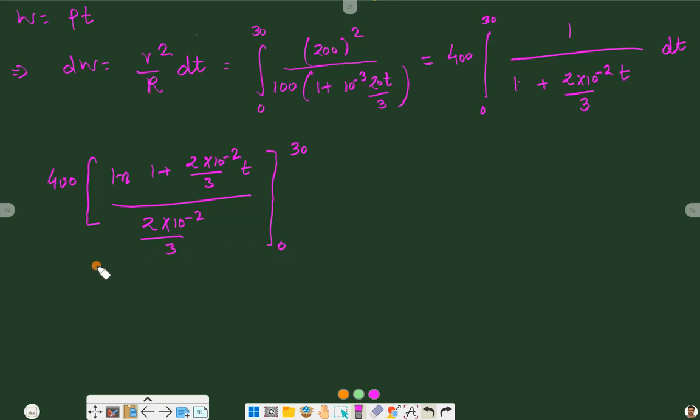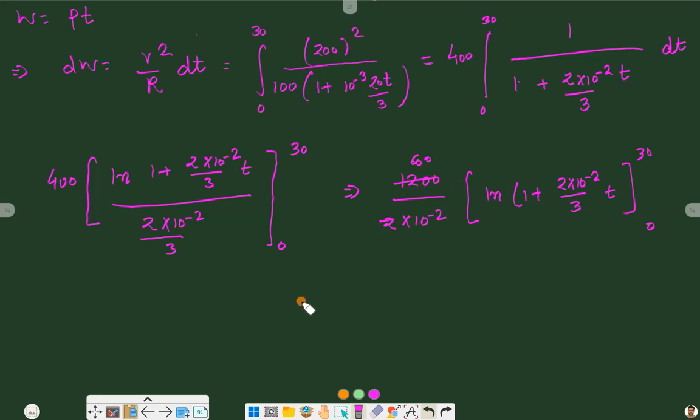This term will go here and we will have 1200 by 2 into 10 raised to power minus 2, and here we will have ln of 1 plus 2 into 10 raised to power minus 2 by 3 into t, limits 30 to 0. This will give us 600.